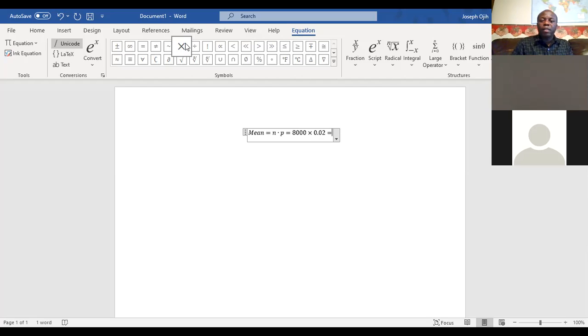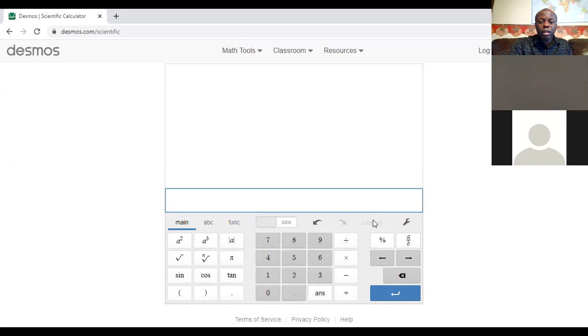This we can have in decimals. So 8,000 times 0.02 gives us 160.